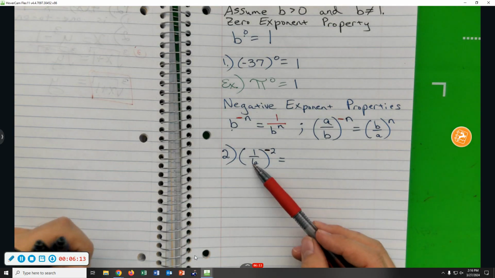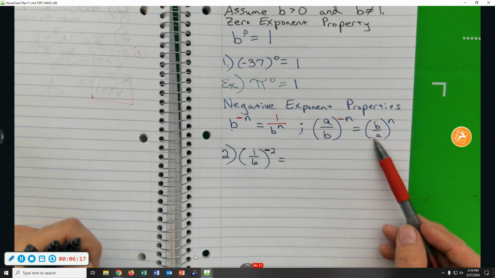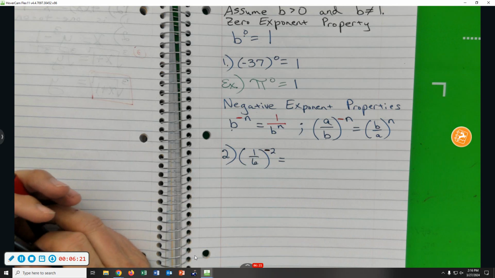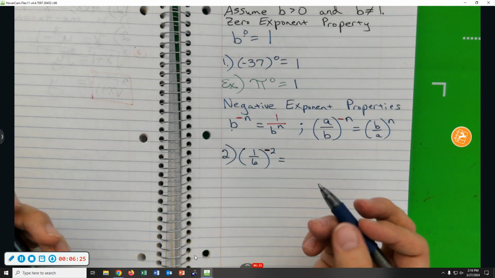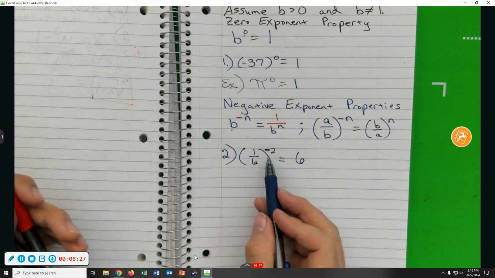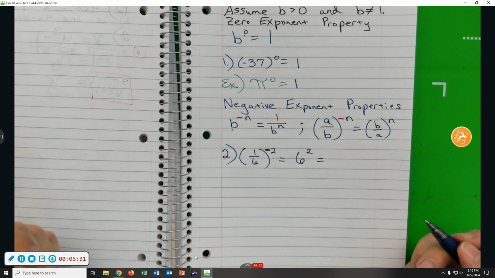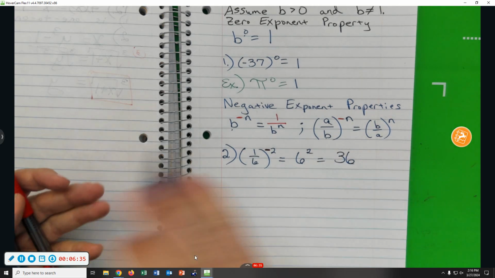We have a fraction to a negative power. That says take the reciprocal. If you flipped 1 over 6, what would you get? Just 6 over 1, which is the same thing as 6. You change the negative 2 to a positive 2. And we know that 6 squared is equal to 36.